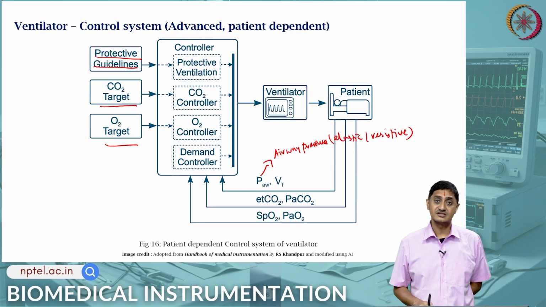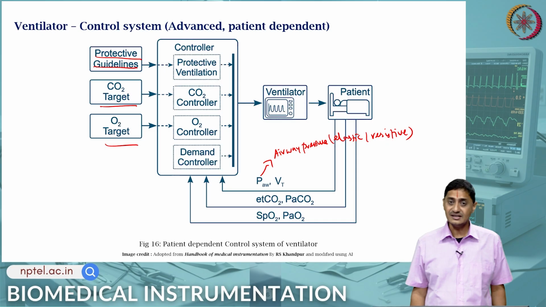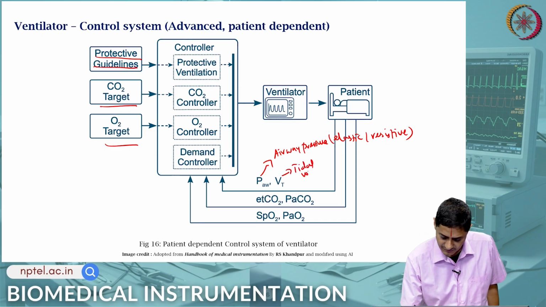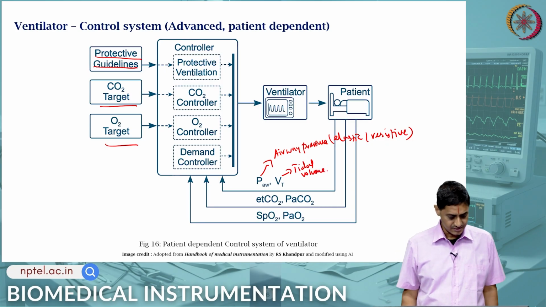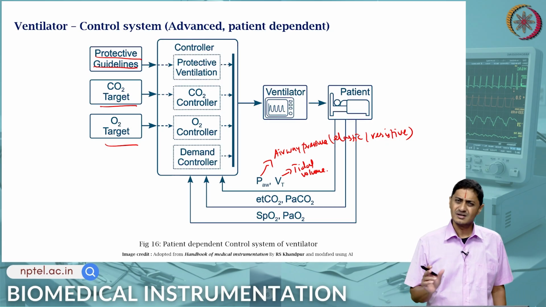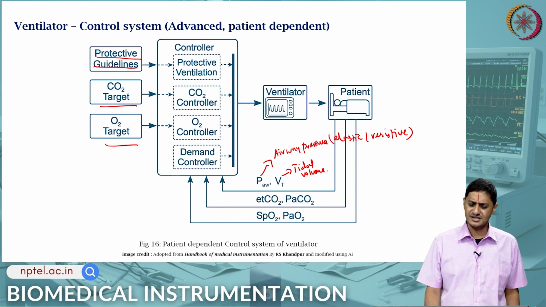The pressure is a function of elastance and resistance. Right. Then the tidal volume, VT means tidal volume. You will have to correct this for compression volume, and depending on the specific condition you may have to correct this.